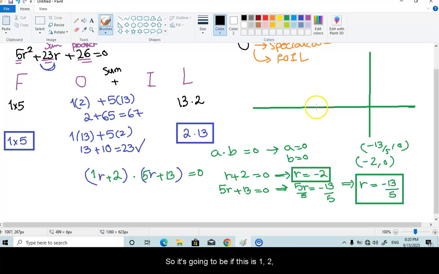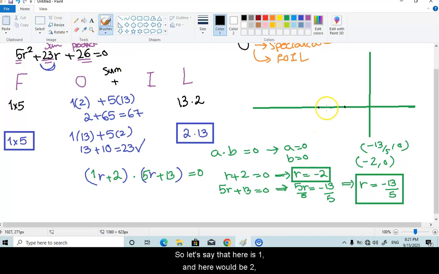So if this is 1, 2, let's make these a little bit bigger so that you can see what I'm talking about here.